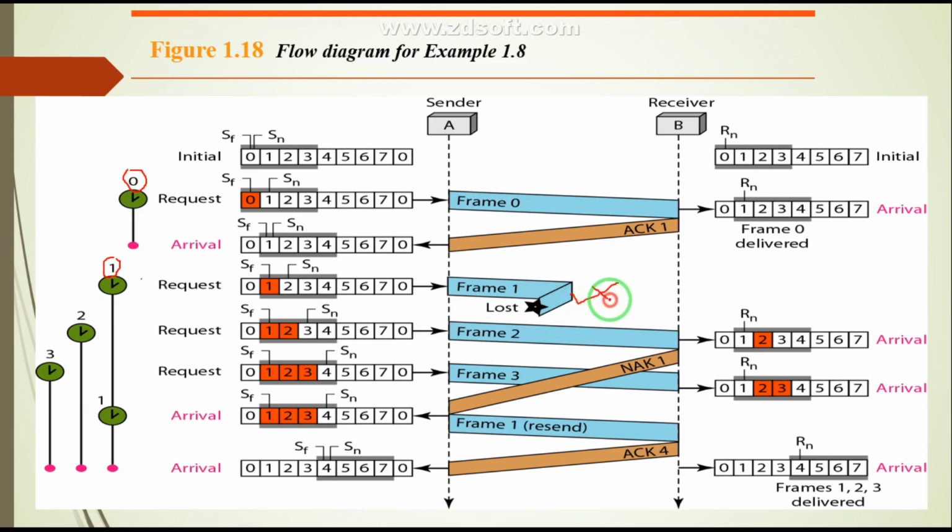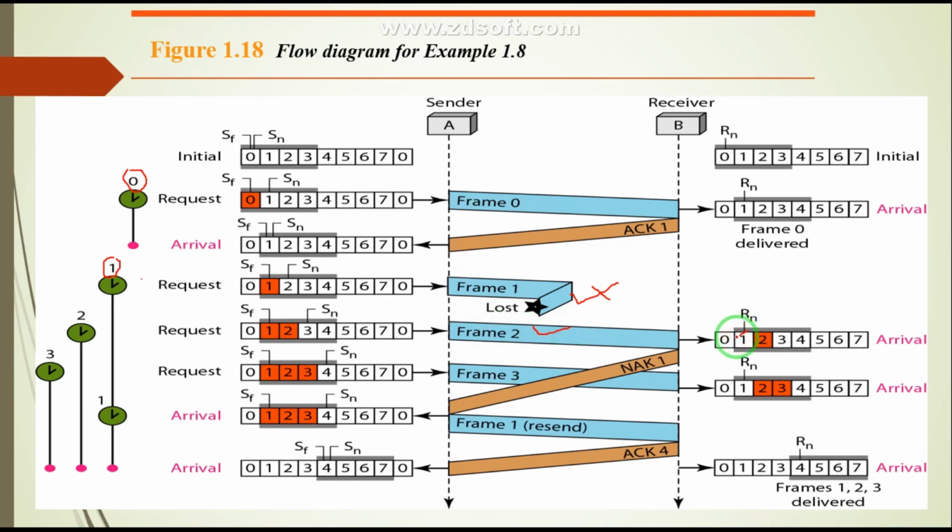Unfortunately, this frame is lost. As this event has already been triggered and the timer has not expired, the sender is going to send frame 2. So at the receiver, Rn equal to 1.